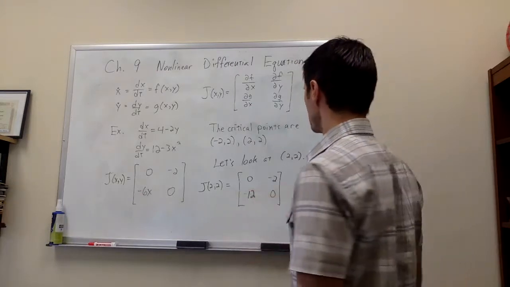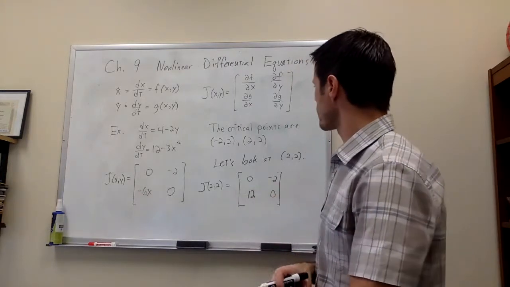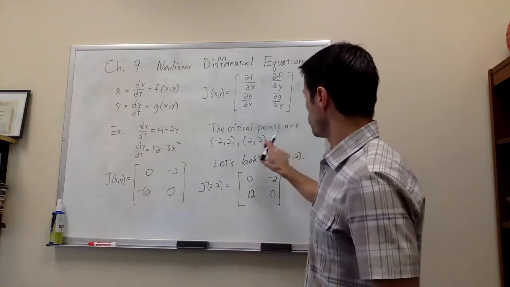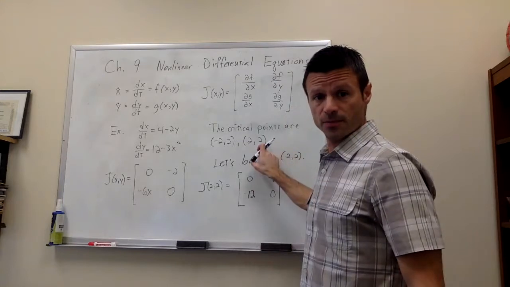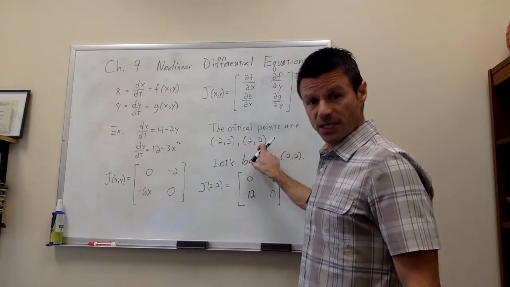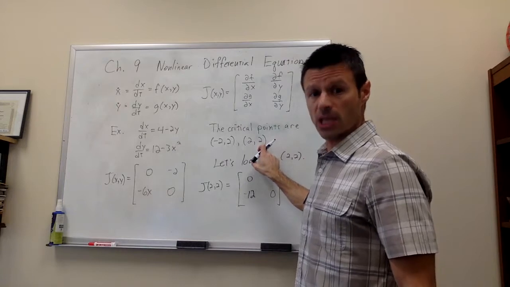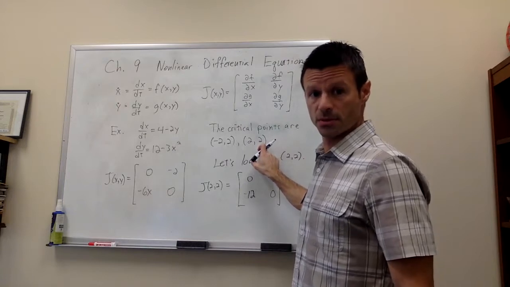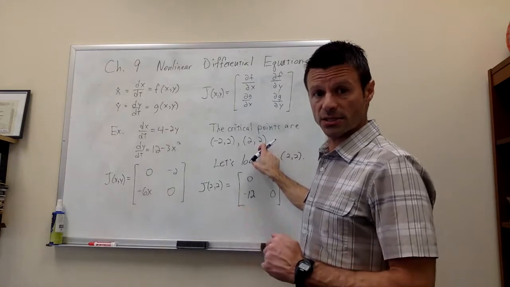So what is important about this matrix? Well, it turns out that if we zoom in on the point (2, 2) in the phase plane, the phase plane near (2, 2) looks a lot like the linear system x dot equals Ax.